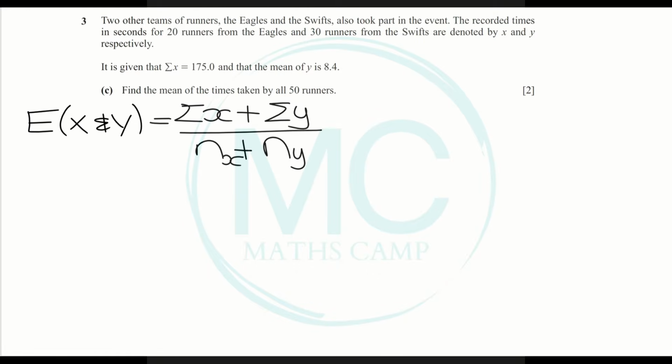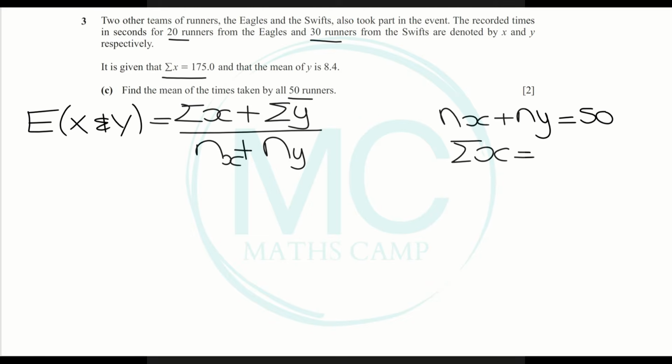The question tells us there are 20 runners from the Eagles and 30 from the Swifts, and the total is 50. So we know that nx plus ny is equal to 50. It also tells us that sigma x is 175.